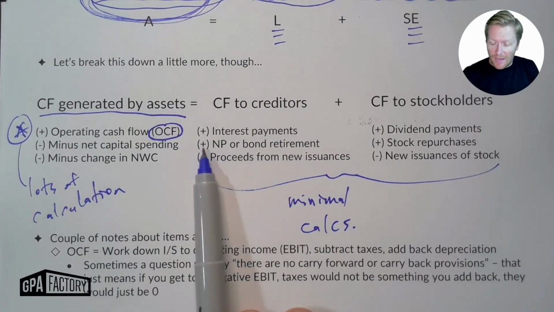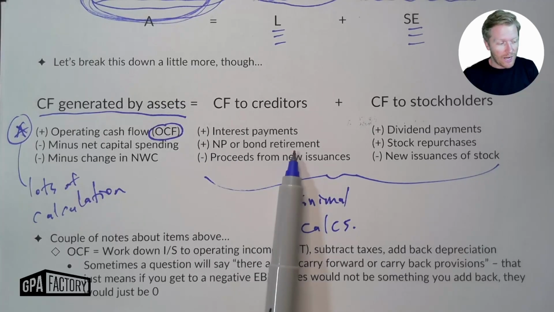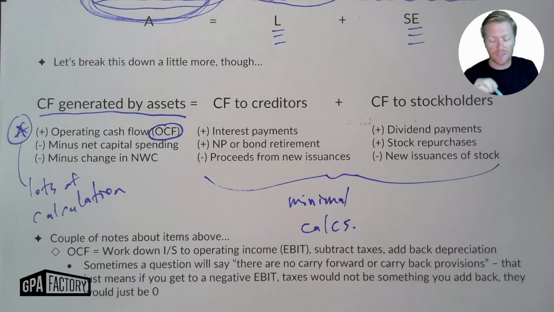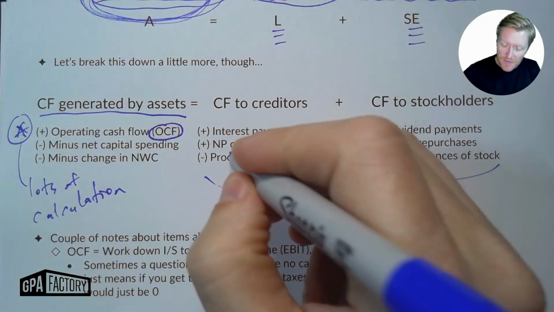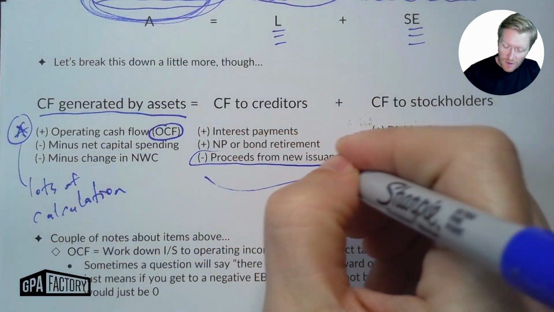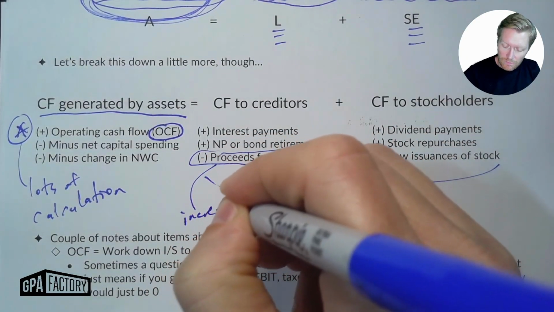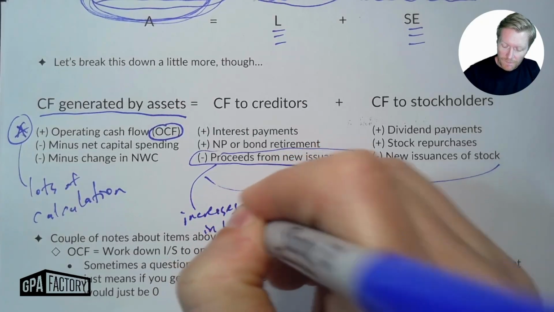So we're going to add some bond or notes retirement, but then we would subtract if there's new issuances of bonds. So if there are proceeds from new issuances, this is basically, we subtract off if there are increases in long-term debt.